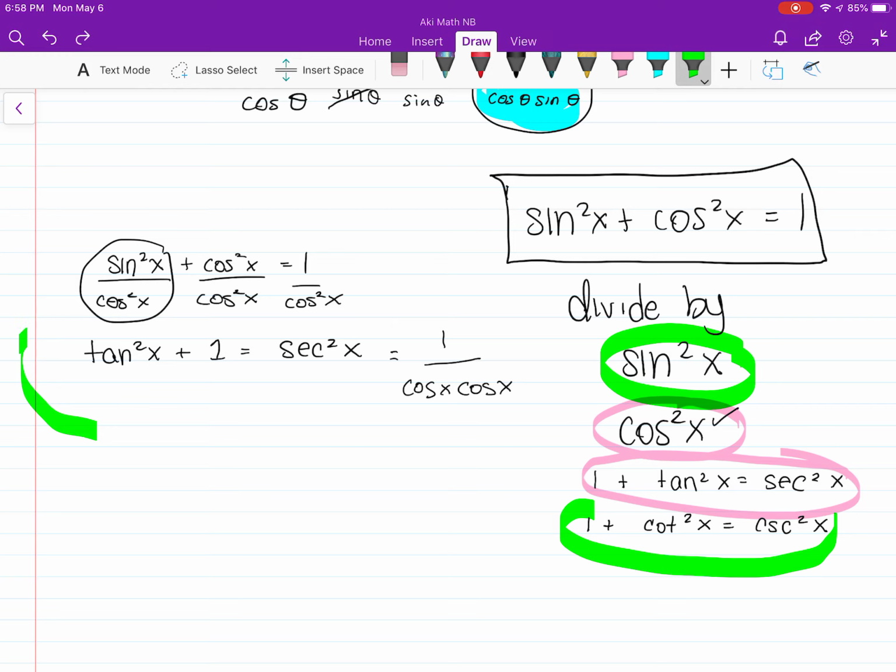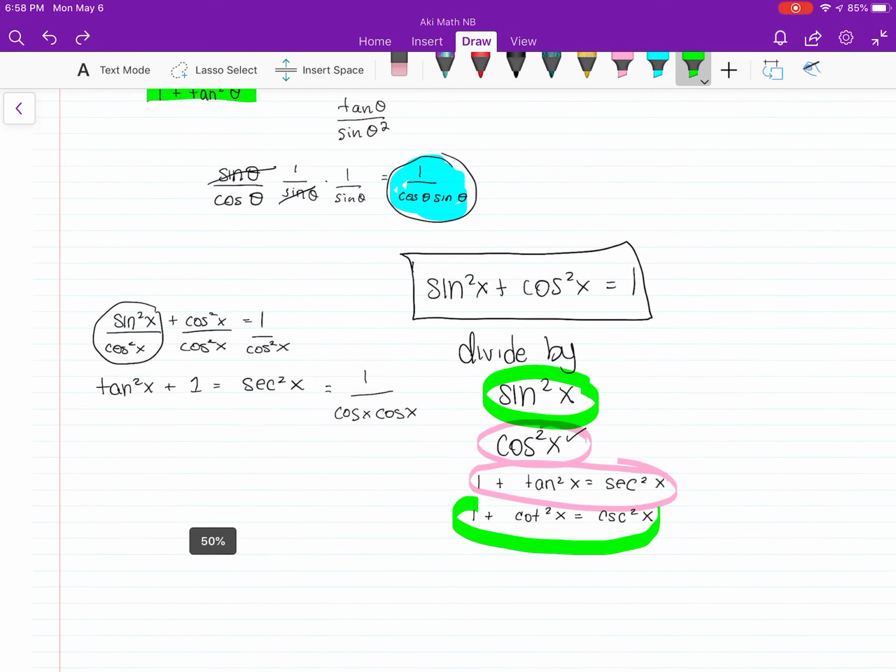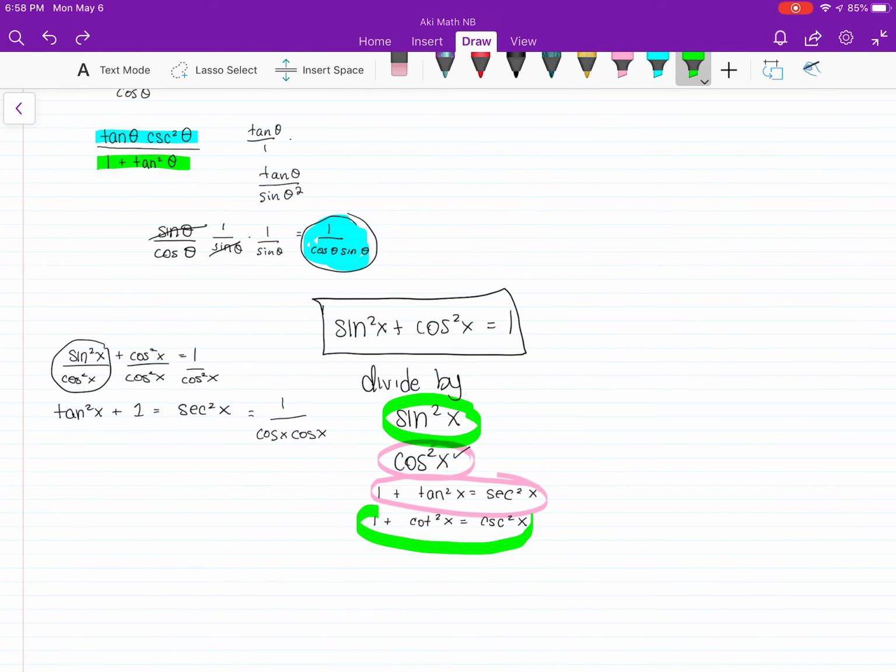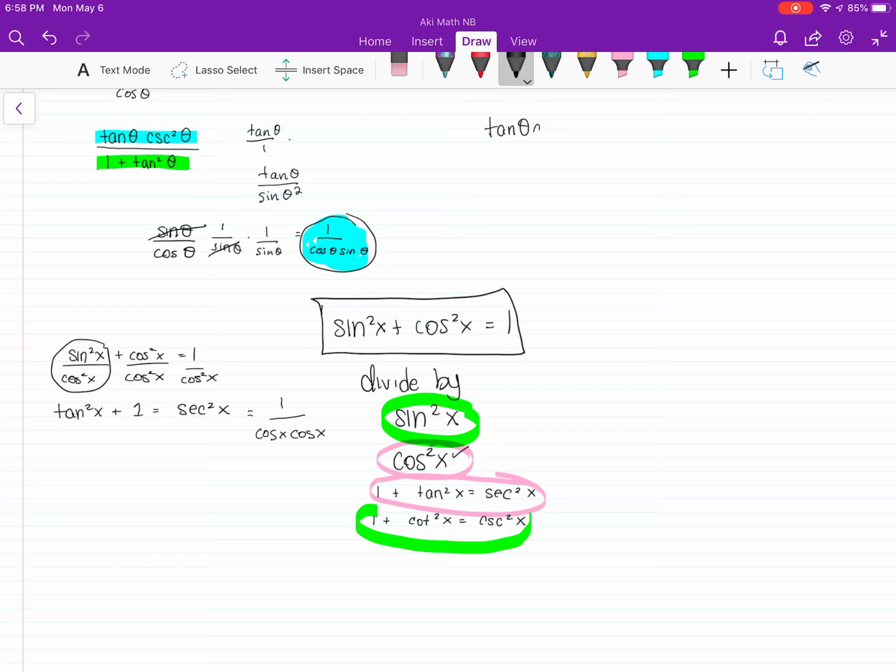Okay, and I mean, you can just do the math out how I did it here, but that's how it is in the end. Okay, so in the end, what we've come to the conclusion is, first of all, we know that tan theta cosecant squared theta is equivalent to 1 over cosine theta sine theta. And 1 plus tan squared theta is equal to 1 over cosine theta, cosine theta.